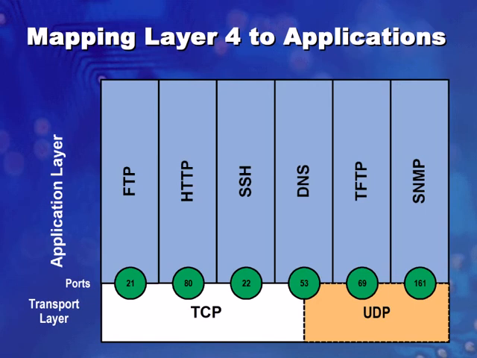SSH uses port 22. I mentioned DNS is defined for port 53, both TCP and UDP, for transport of data via server-to-server transport, TCP, or from host to DNS server using UDP 53. TFTP is port number 69, and SNMP is port 161.